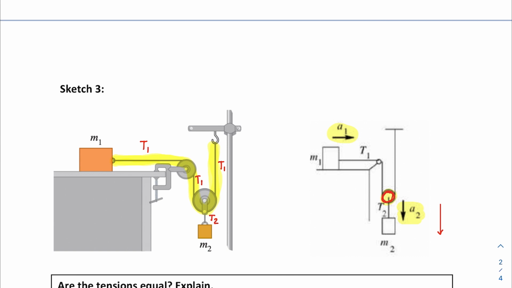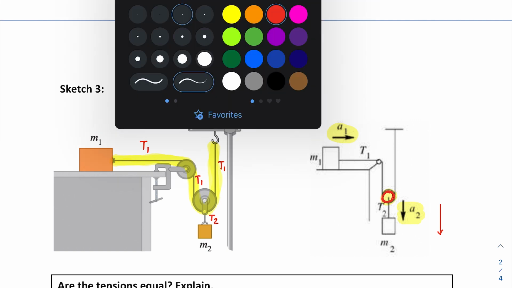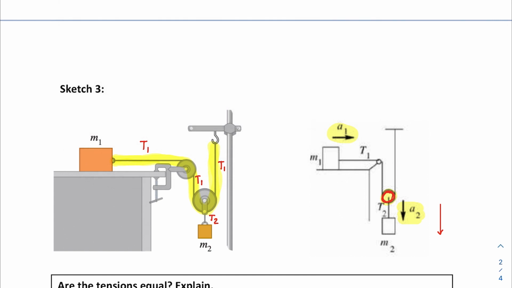So this is more like a proof, or not really a proof, but I'm hoping that this can help convince you that the tensions over the pulley are actually just the same. So as we have learned in our previous physics classes, let's have the summation of forces for this one, but before that, we have to create a free body diagram. In this case, our body is the pulley.